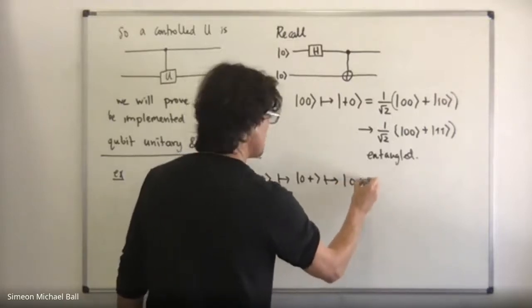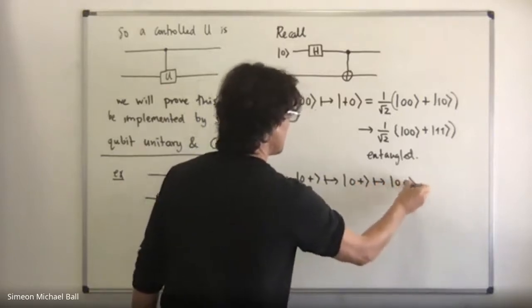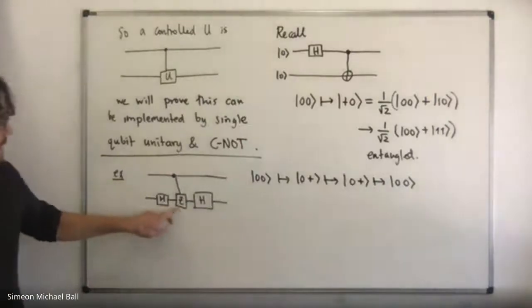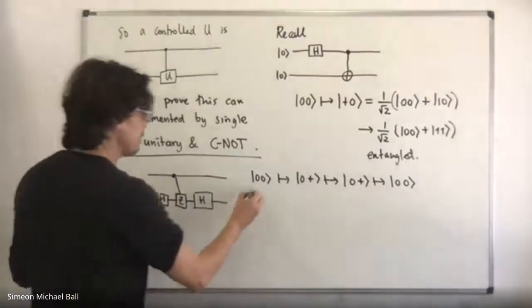Does not apply the Z here because it's 0 set in the first qubit. So that just goes back to 0,0.